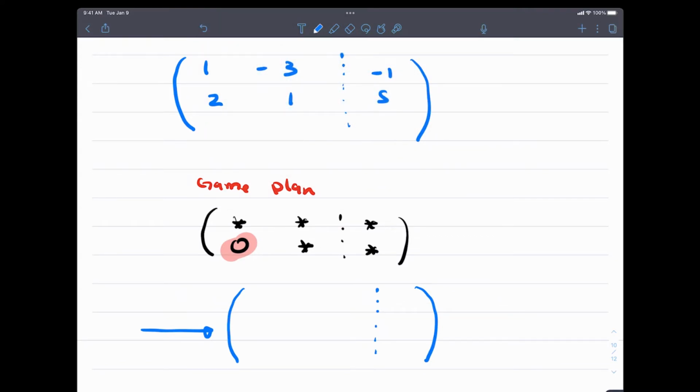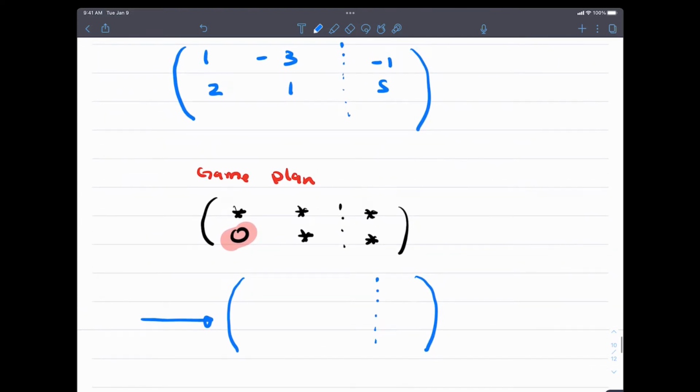This is going to be big. This is the key. How do I get a 0 down there? What do I multiply to row 1 and add it to row 2? Well, you have to tell me specifically. What do I multiply to row 1? -2. Outstanding. -2.